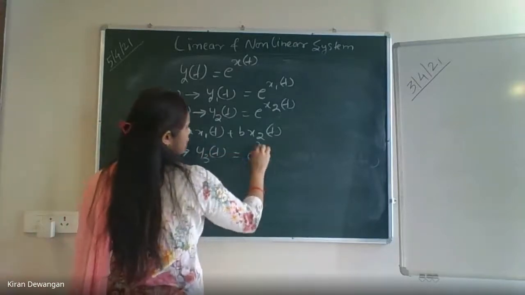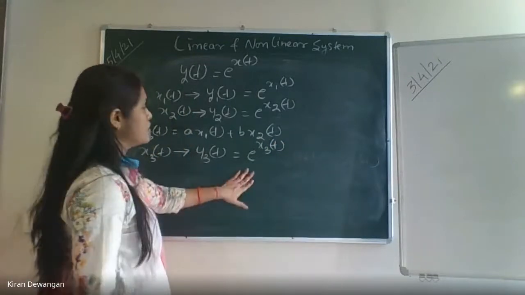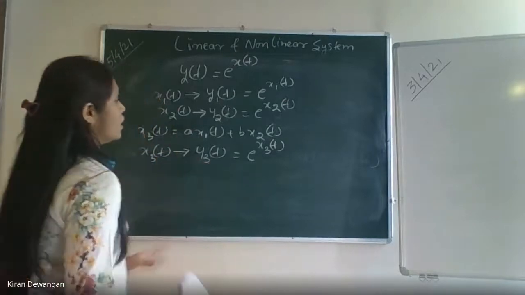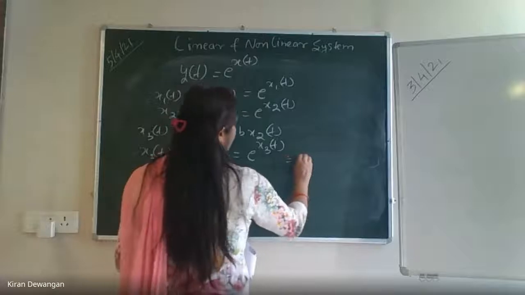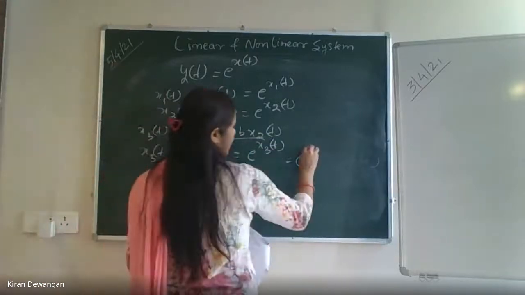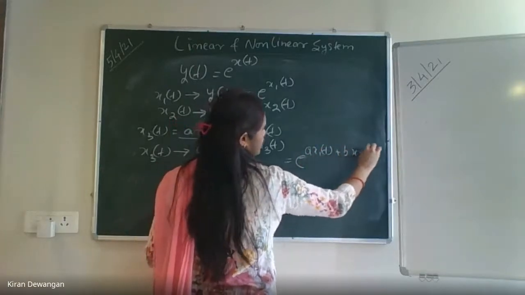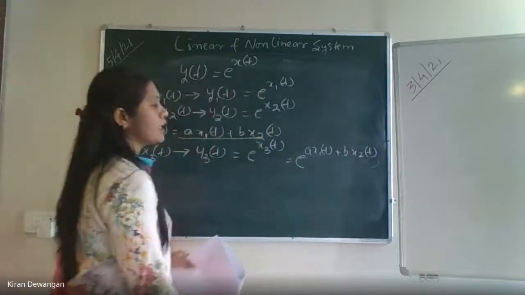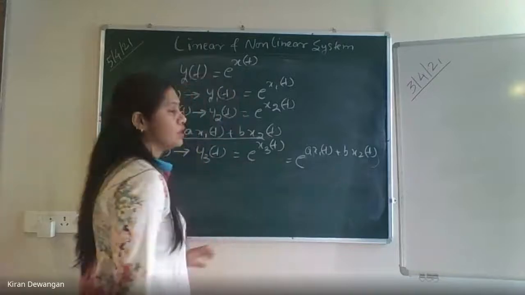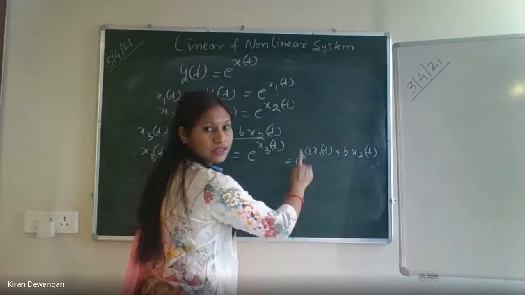This becomes e to the power x3t, which is going to be e to the power a x1t plus b x2t. So this is our output due to weighted sum of input.